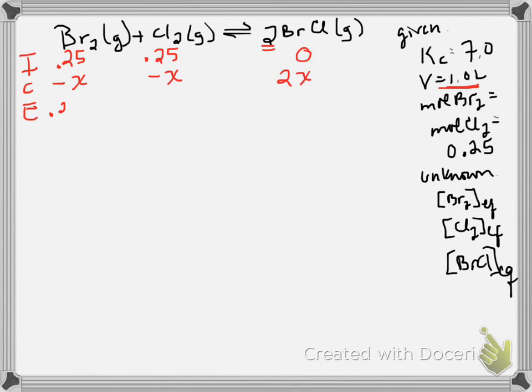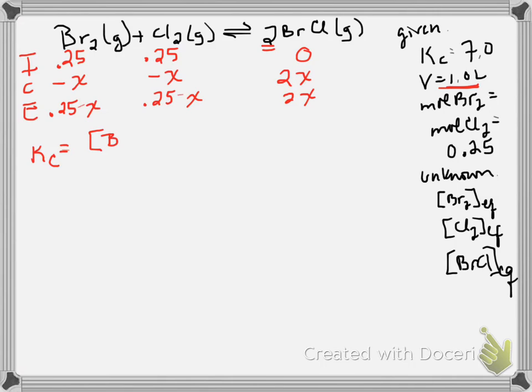So at equilibrium, my concentration of the bromine is 0.25 minus x, chlorine is 0.25 minus x, and I get 2x for the bromine chloride. I can't make any assumptions because my Kc is too large. It's a 7. It's not going to work.